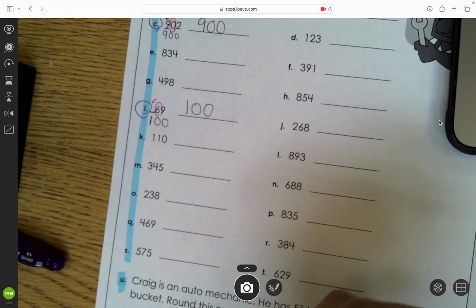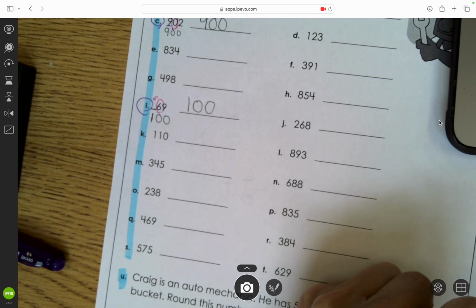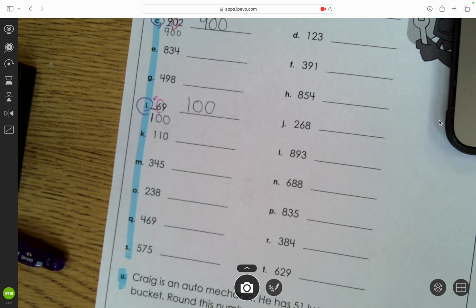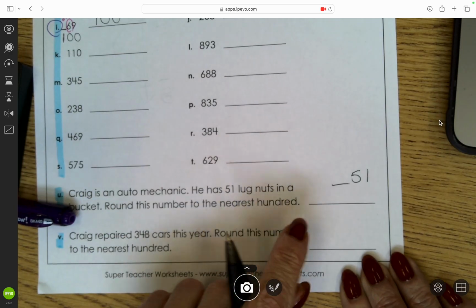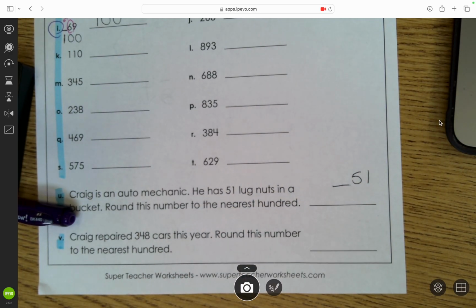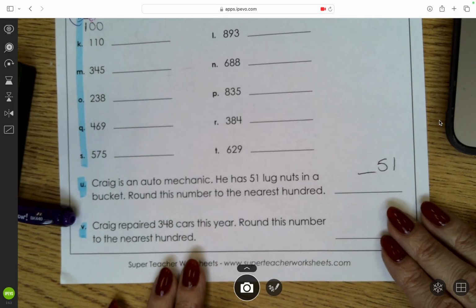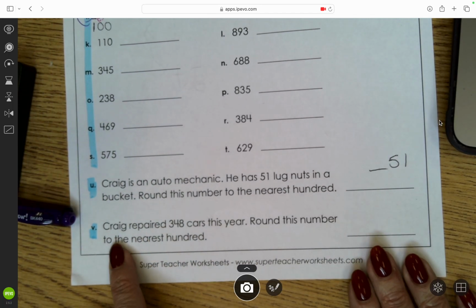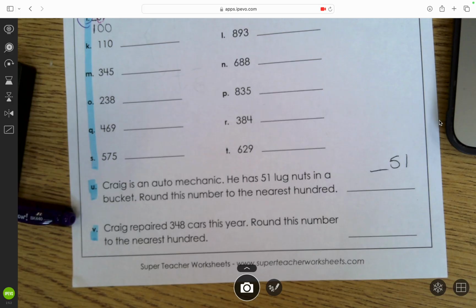So you're going to write 51 with the blank. And then you're going to circle and determine what goes here. Is it going to round to 100 or to 0? Okay. Then letter V. Craig repaired 348 cars this year.